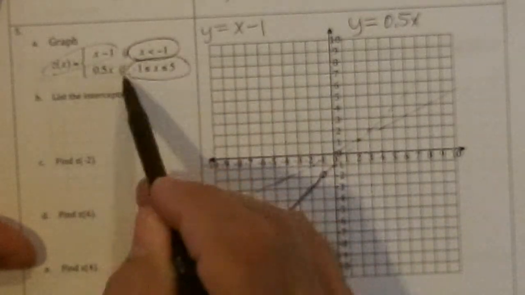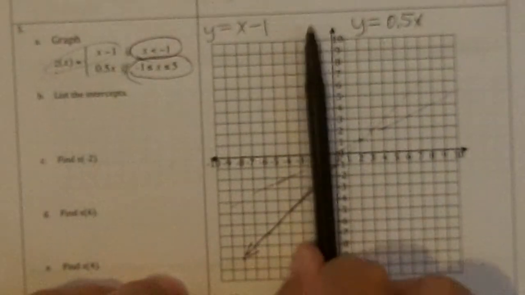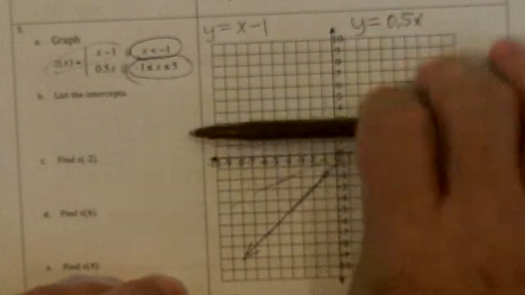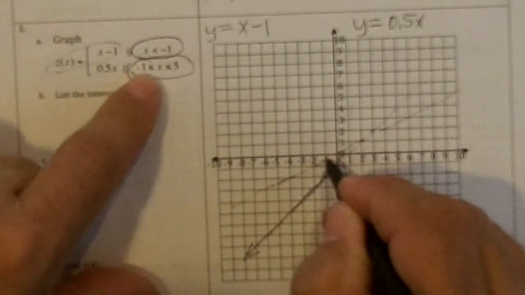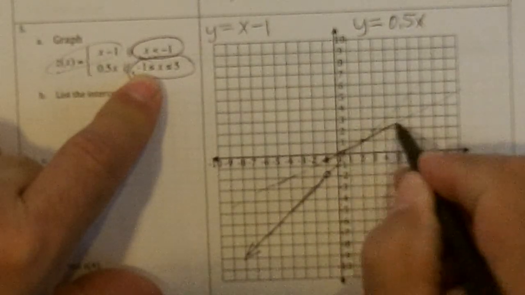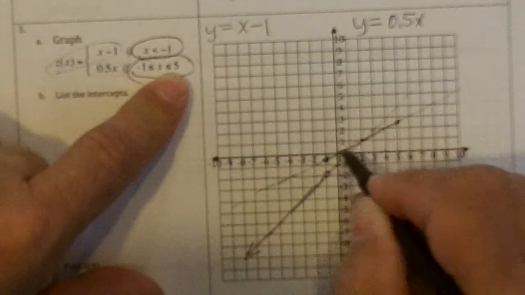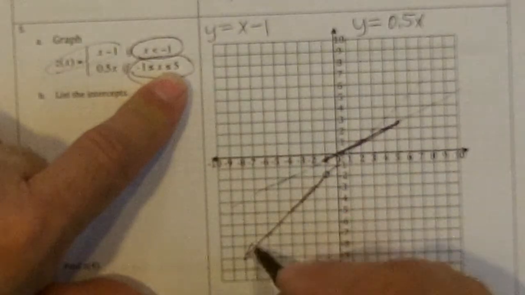But I only get to draw that for where the x coordinates are between negative 1 and up to 5. The x coordinate, not the y coordinates, x coordinates. From negative 1, and it's an equal, so it's a solid dot, up to where x is 5, which is there. So I got this piece and this piece.